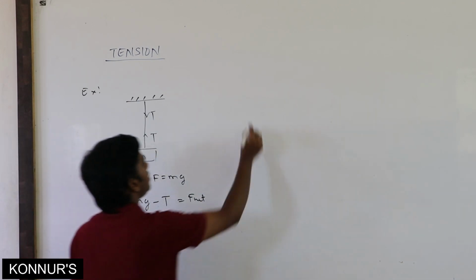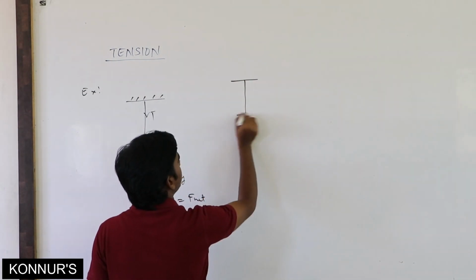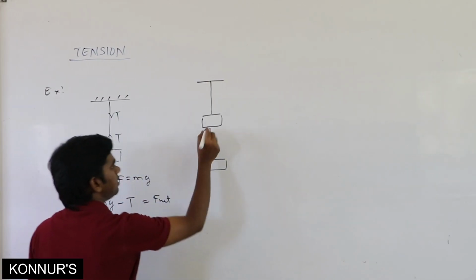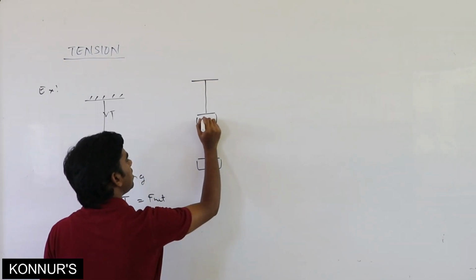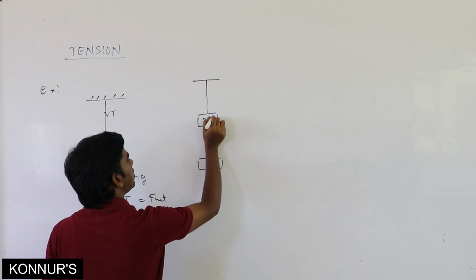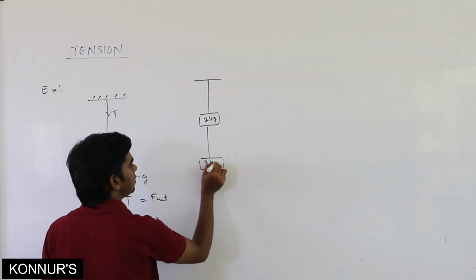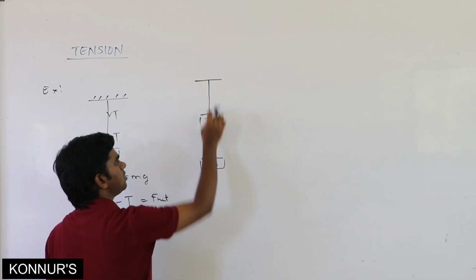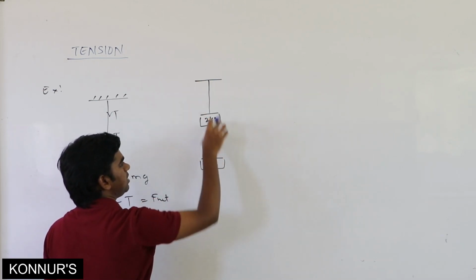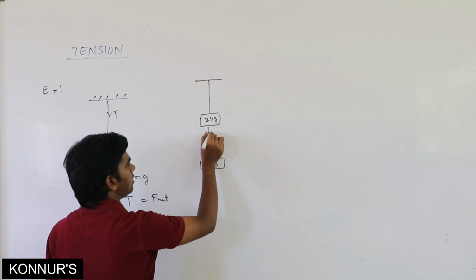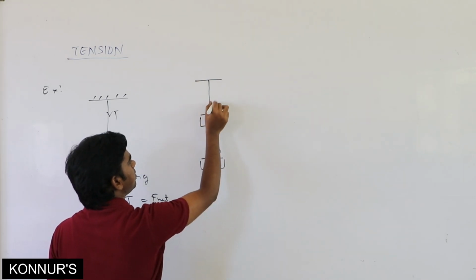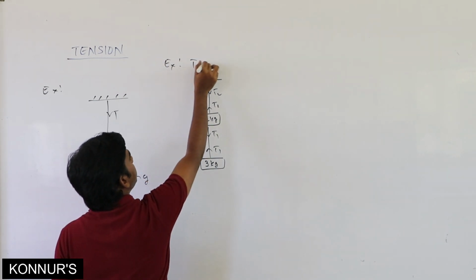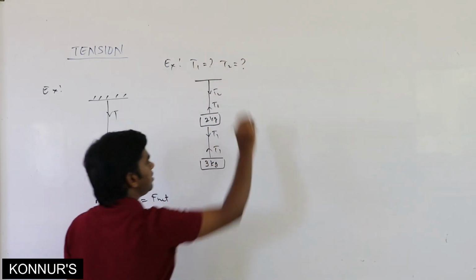Similarly, if two bodies are connected, one body connected here with mass say 2 kg and another connected here with mass say 3 kg, what will be the tension? Since these are two different strings, here tension you can take as T1 and here T2. We have to find T1 and T2.